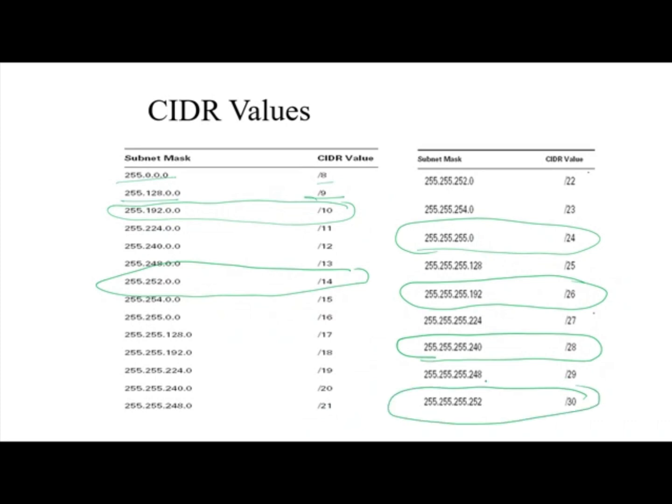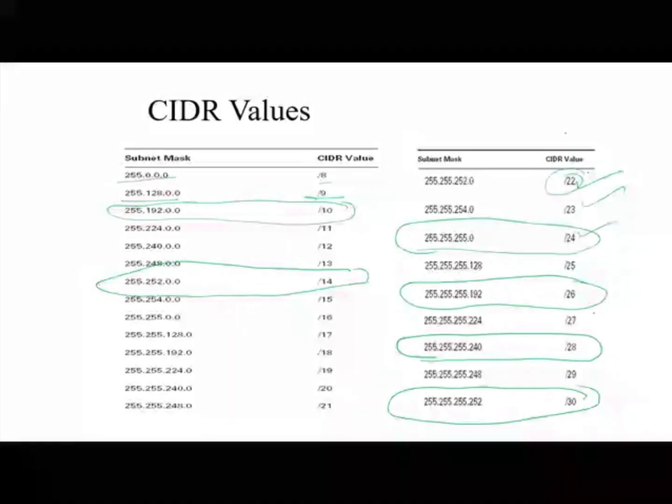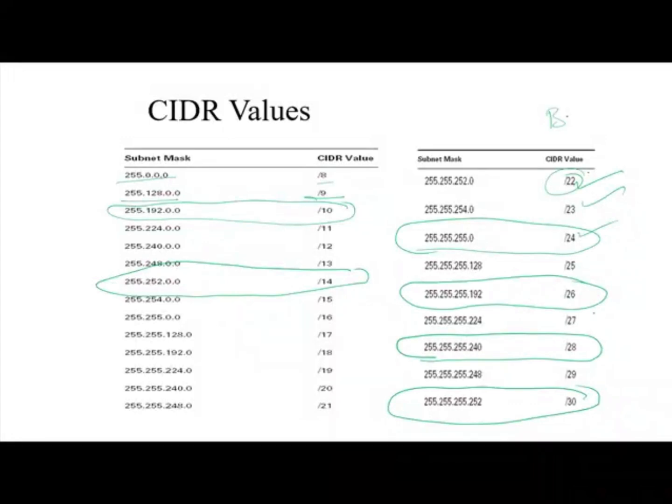So we have all the corresponding subnet masks for each CIDR value. Basically, they show the network portion: they show how many bits are on, and the on bits represent the network portion.